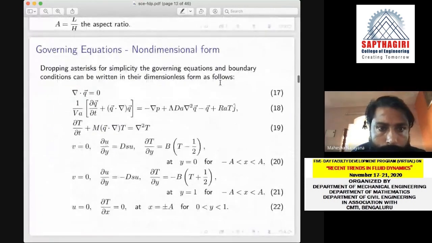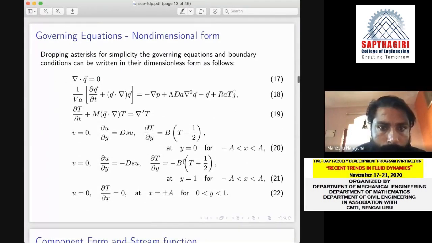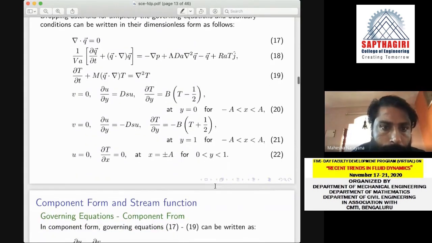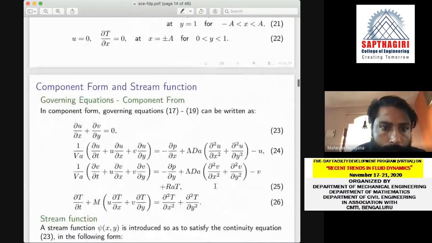We drop the asterisks for simplicity and write the governing equations in this form, as shown in equations 17 to 22. They are the same equations, only the asterisks are dropped.